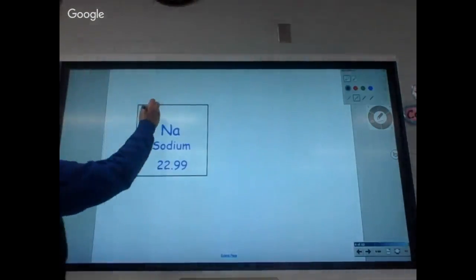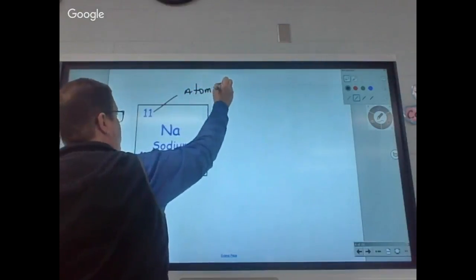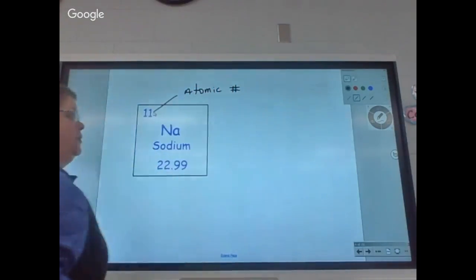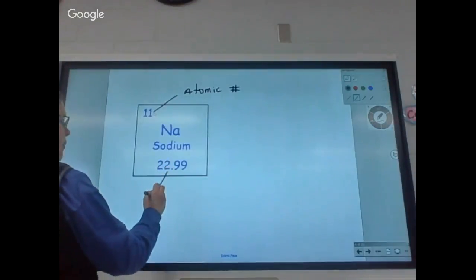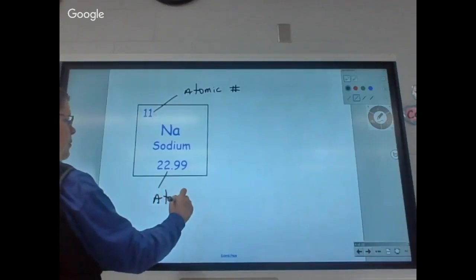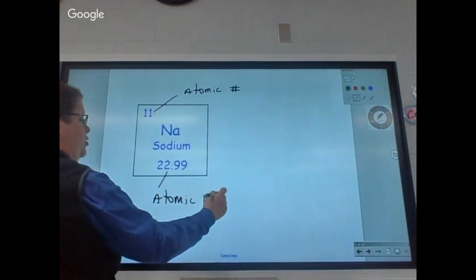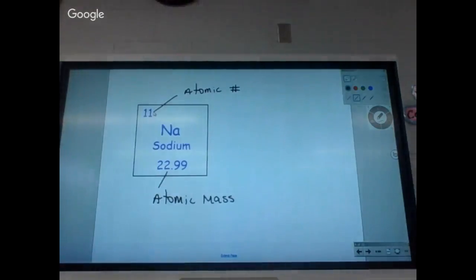The one that's the small number is always the atomic number because it's the smaller of the 2 numbers. The one that's on the bottom is always the bigger number, so it's always going to be the atomic mass because it's the larger of the 2 numbers. All right, so we remember that from yesterday, correct?